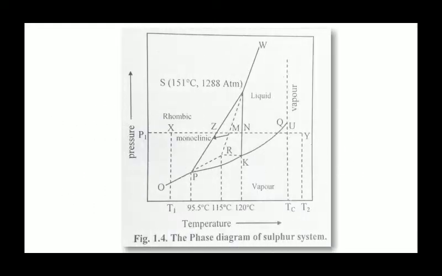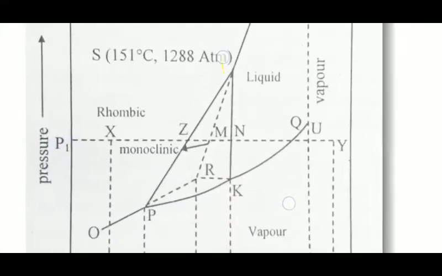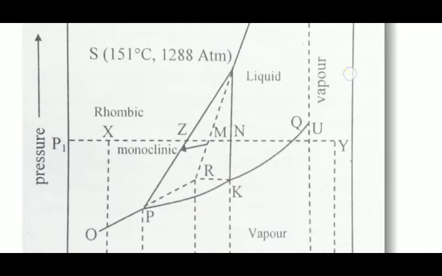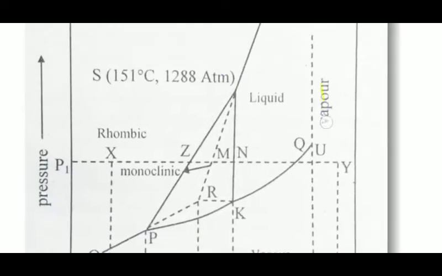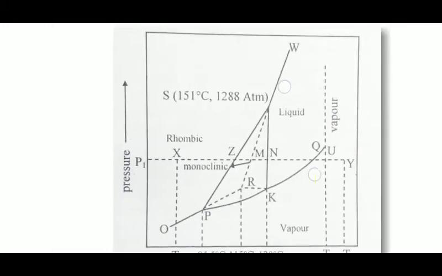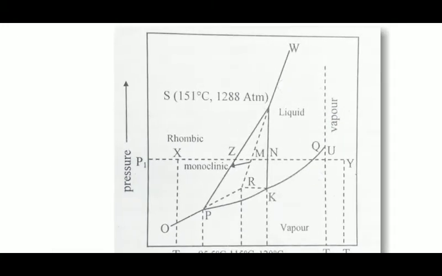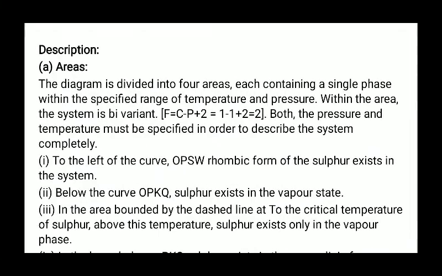this figure. This figure is very complicated. See the diagram. Screenshot this diagram. Then we shall discuss this diagram one by one in detail. The diagram is divided into 4 areas, each containing a single phase within the specified range of temperature and pressure.